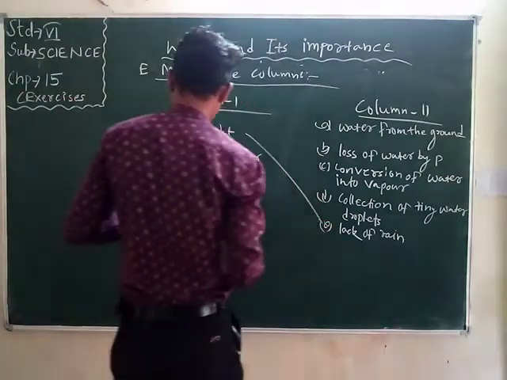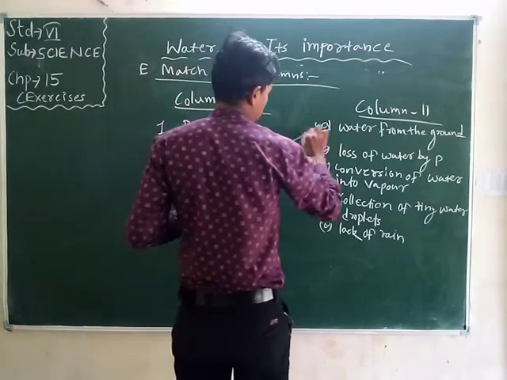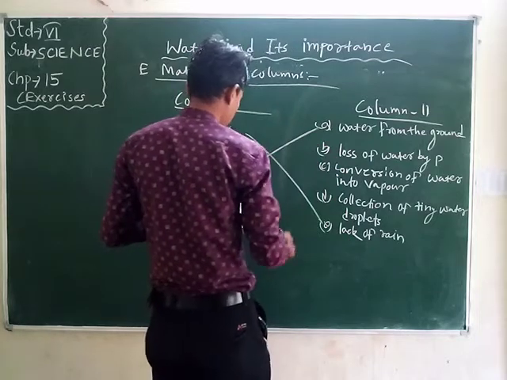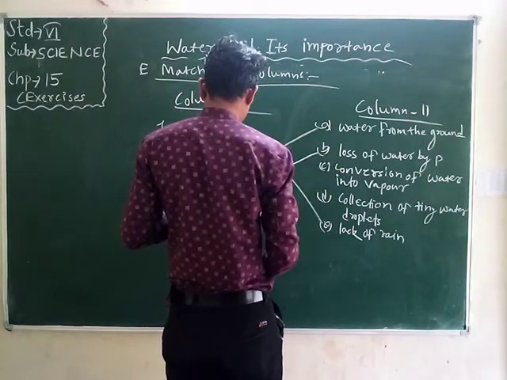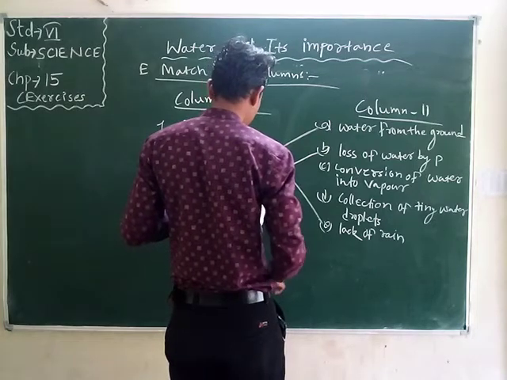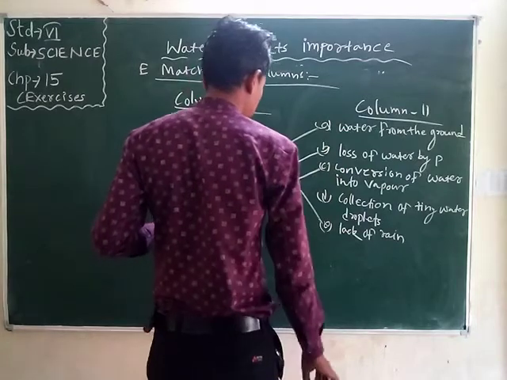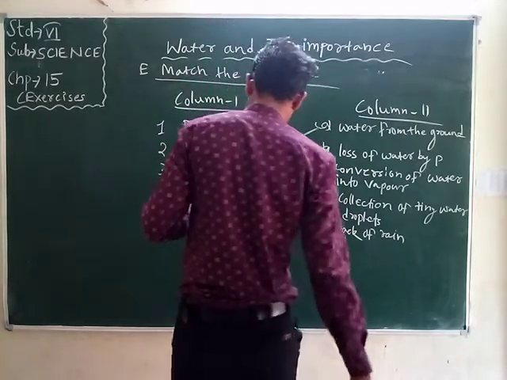Okay, and groundwater, water from the ground. And third, transpiration, loss of water by plants. Evaporation, conversion of water into vapor. And last one, clouds, collection of tiny droplets. Okay.